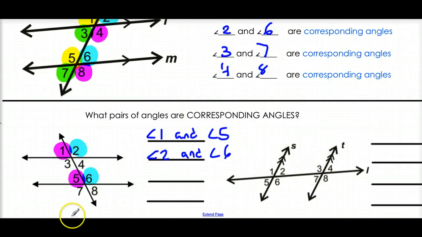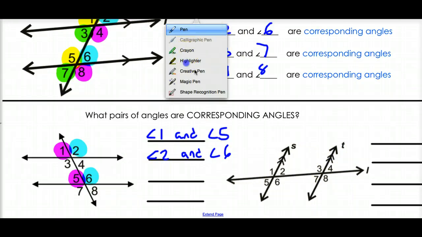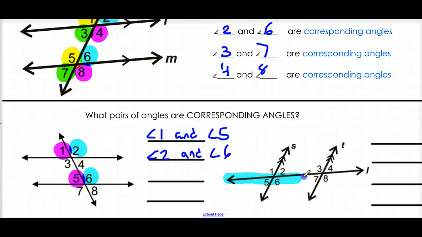And let's take a look at this one. All right? So once again, let's identify our transversal. That's going to be our starting place, okay? Now let's look. This is our transversal. These are our 2 lines. So angle 1, that's on the top left side, and angle 3, it's on the top left-hand side. So those are our corresponding angles.